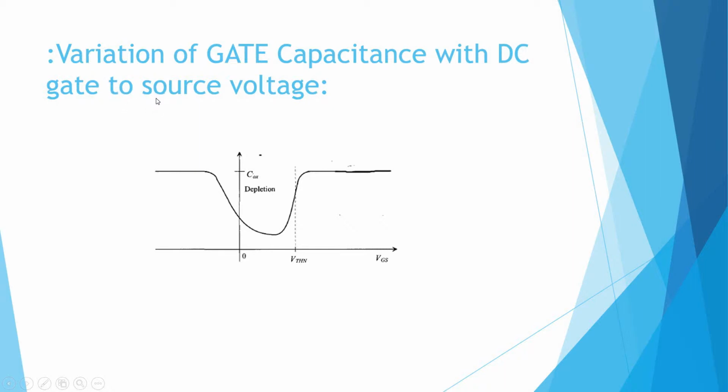When we consider the MOSFET as a capacitor, both source and drain are grounded, so there is no need to differentiate between source and drain, because the MOSFET is a symmetric device with respect to source and drain.